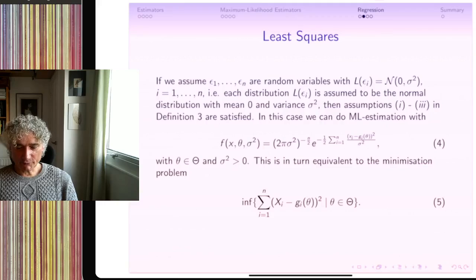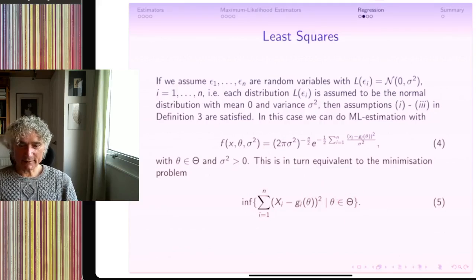But it's easy to show that this in turn is equivalent to a minimization problem, where you look at the infimum over the sum from i equals 1 to n of the distance between xi, the random variable, and the given functions gi of theta, with theta in the parameter set.